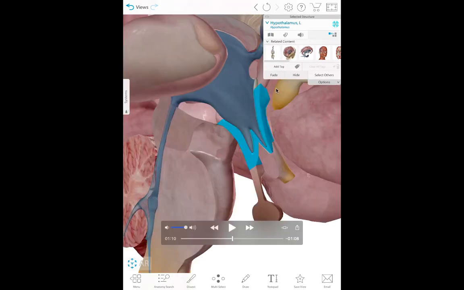So here I'm highlighting the hypothalamus. Again, thalamus, third ventricle through here, and then this is the hypothalamus. Given its small size, it's really astounding all of the critical functions that it plays. It is absolutely essential to homeostasis in our body, which includes body temperature and blood pressure regulation.